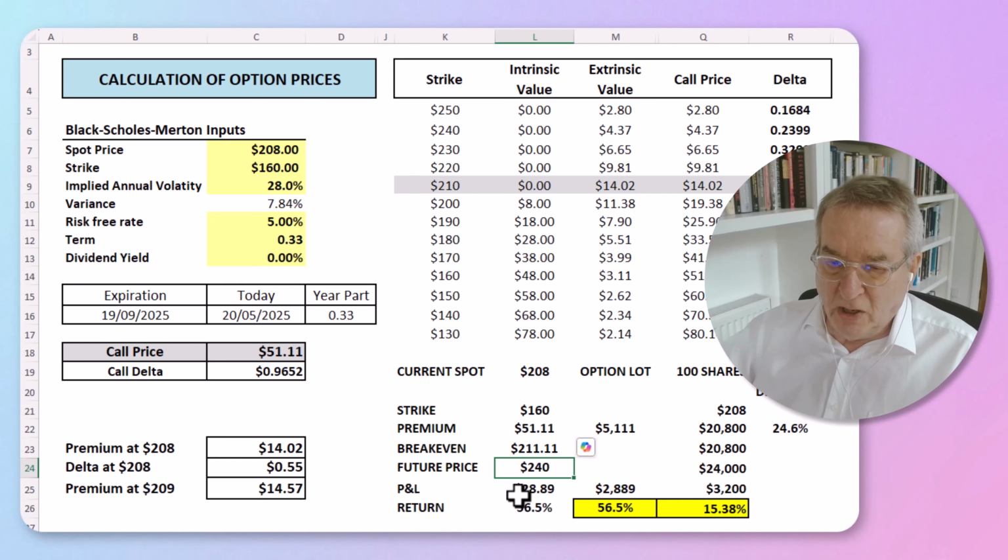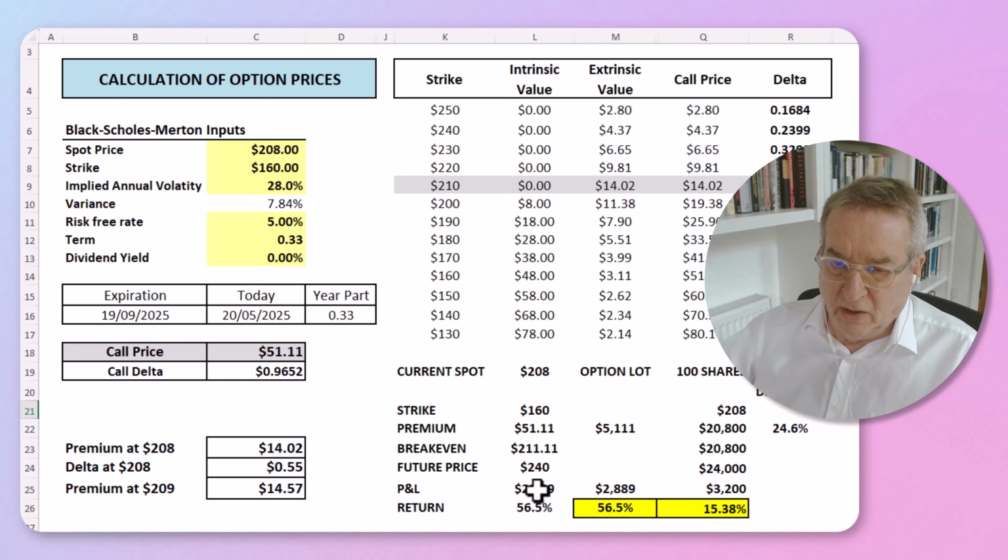The P&L for the option trade is $28.89 per share, as it were. First of all, we need to calculate the break-even for this particular option. The way we do that is to take the strike and add the premium, which gives us this value here, 211.11.